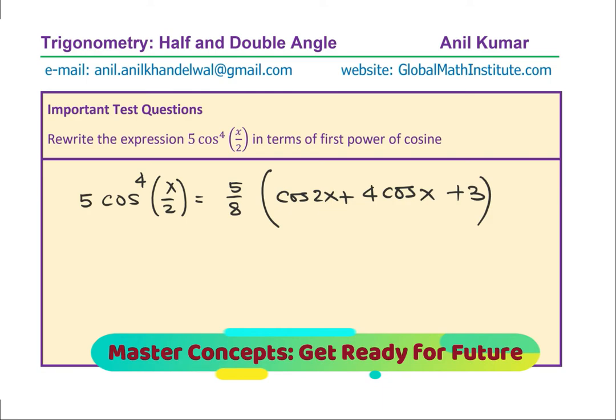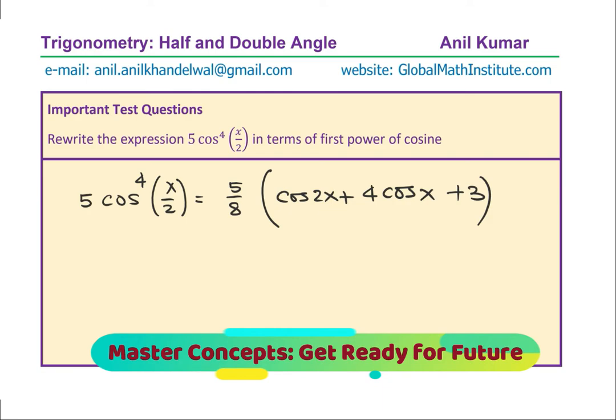Correct? So that is how we can write an expression for 5 cos to the power of 4 x by 2 in terms of first powers of cosine. I hope the steps are absolutely clear.